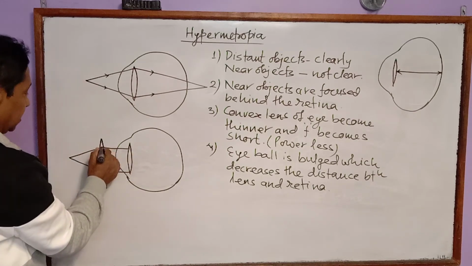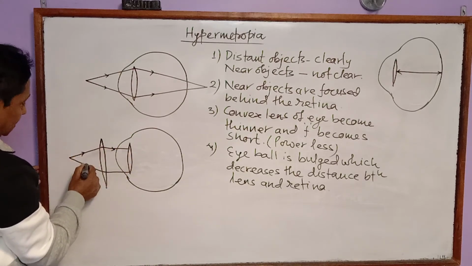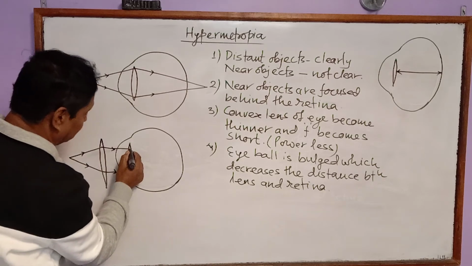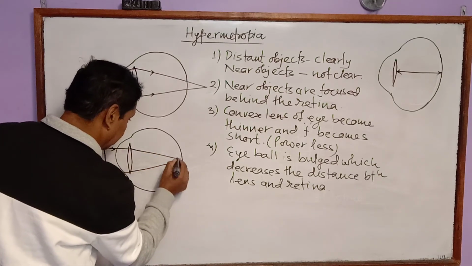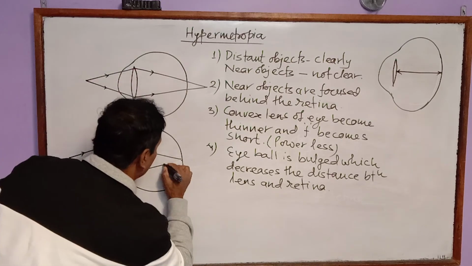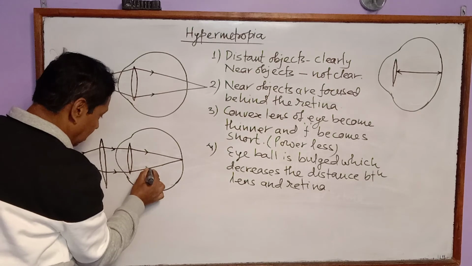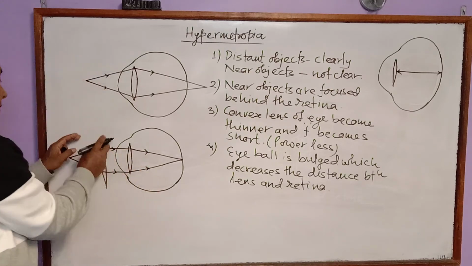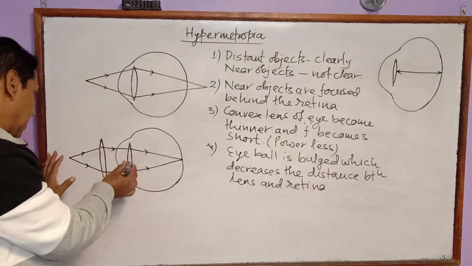This way, instead of going straight, they are converged, and these light rays are again converged by the convex lens of the eye. So by using a suitable power of convex lens, the image falls on the retina.